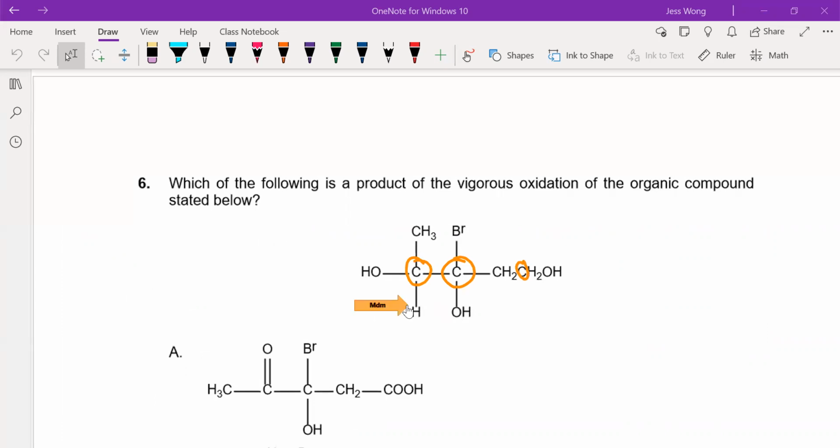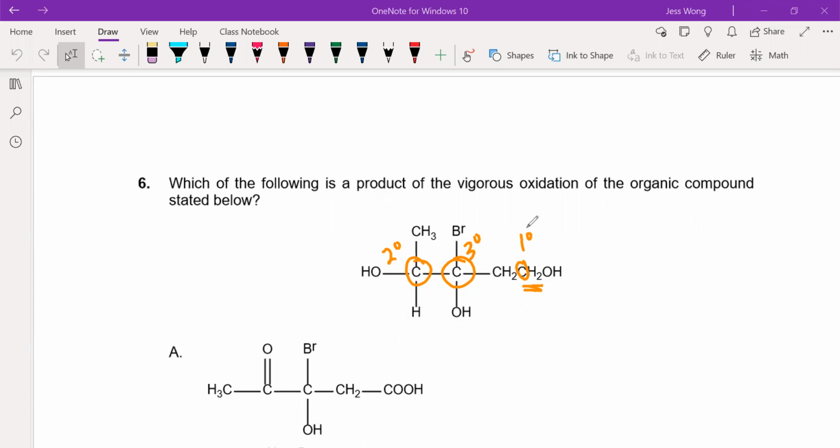Yes, 1 H. So therefore, it's a secondary alcohol. Now the next one, surrounding this carbon in the center, you'll find that there's no hydrogen at all. So therefore, this center carbon is a tertiary carbon. And next, you can see there are 2 hydrogens here. So we can tell that this is a primary.